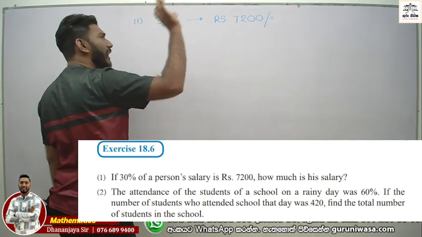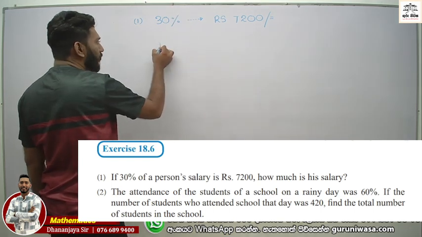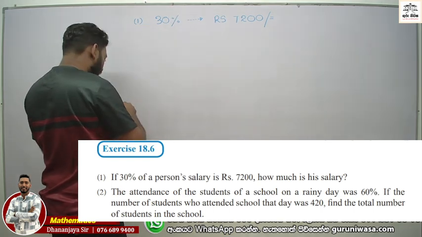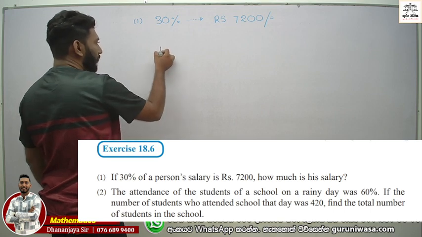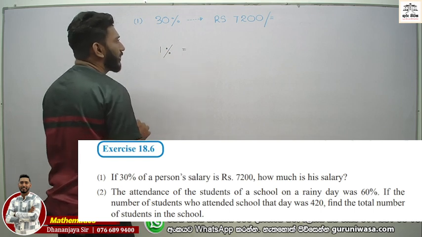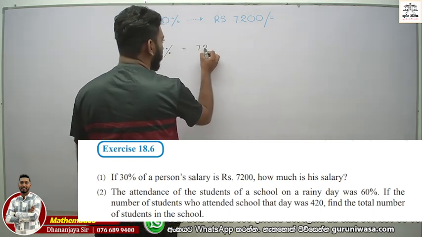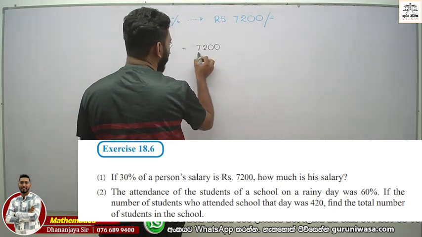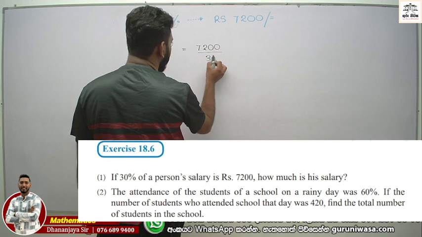Now you can find the answer for 1%. 1% should be equal to 7,200 divided by 30.